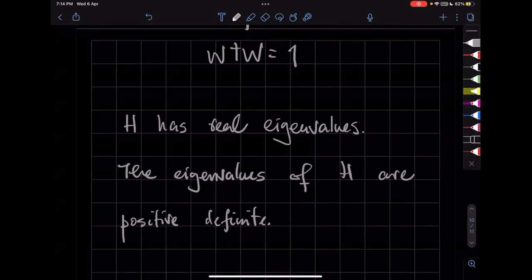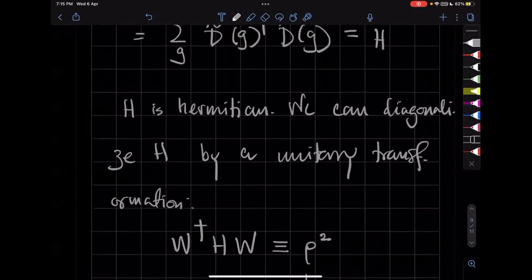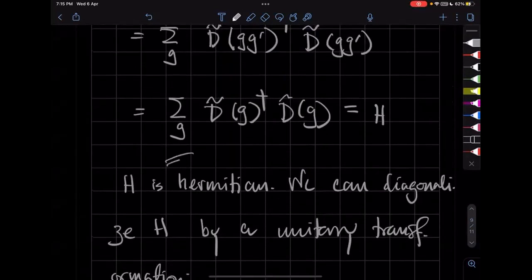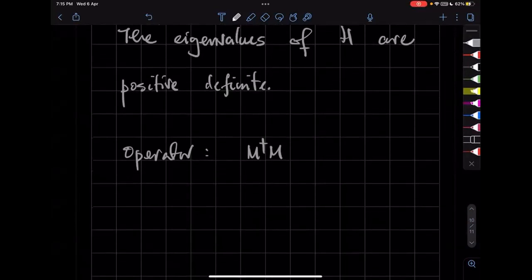And let me just first motivate this. So for example, suppose that you have an operator whose form is, say, M dagger M, right? H has that form, right? There is just an additional sum, but H has roughly this form, right?